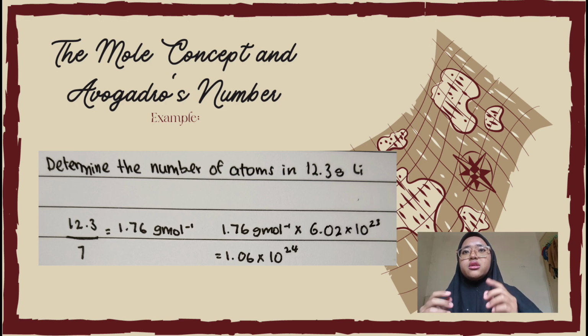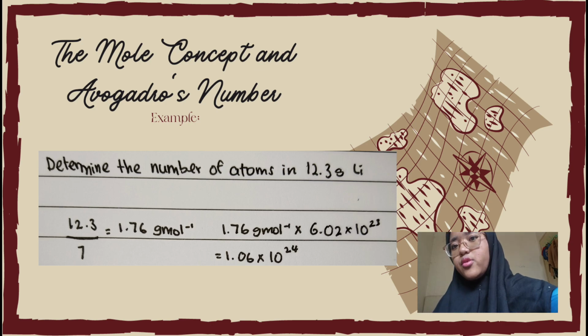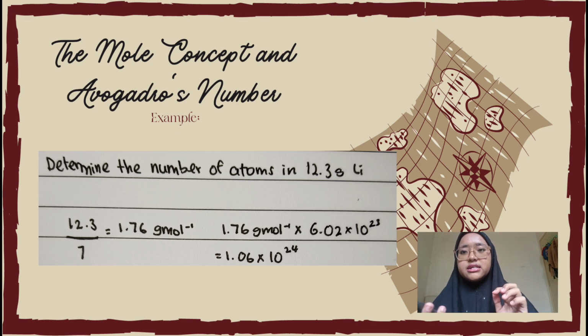So here, 12.3 divided by the molar mass of lithium, which is 7. We will get 1.76.